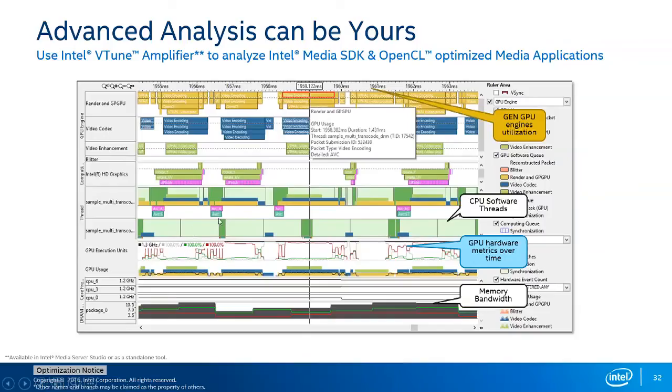Execution unit work is shown on the same timeline as the video encode and decode and the VE box work as well. So the tool allows this kind of full processor view, which is what we hope you'll think of as you're programming for Intel processors.